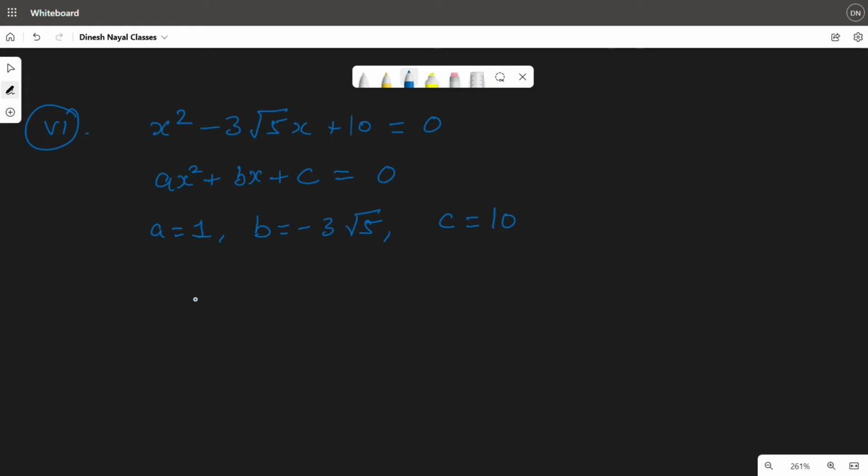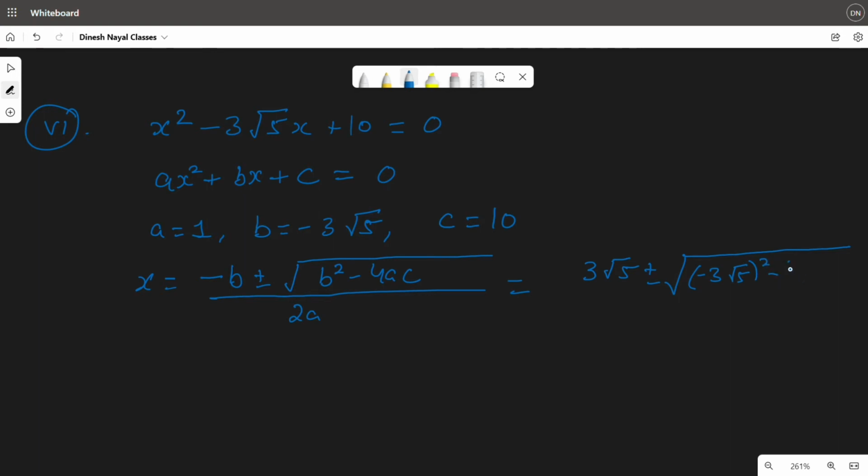And by the quadratic formula, x equals minus b plus minus under root of b square minus 4ac upon 2a. Now substituting the values, this will be 3 root 5, because b was minus 3 root 5, plus minus under root of minus 3 root 5 whole square minus 4 into a, which is 1, into c, which is 10, upon 2a, that is 2 into 1, which is 2.